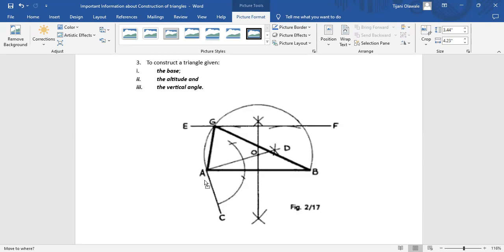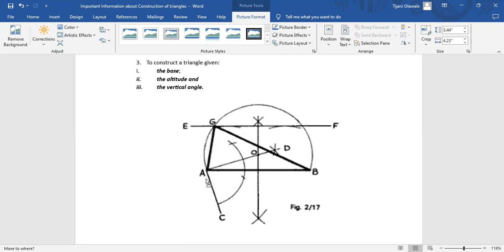Which means line AD is at 90 degrees to line AC. That is very, very important. You may be asked that the angle between line AD and line AC is equal to, so don't forget that it's equal to 90 degrees.